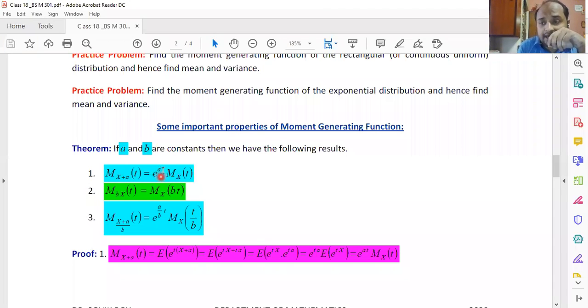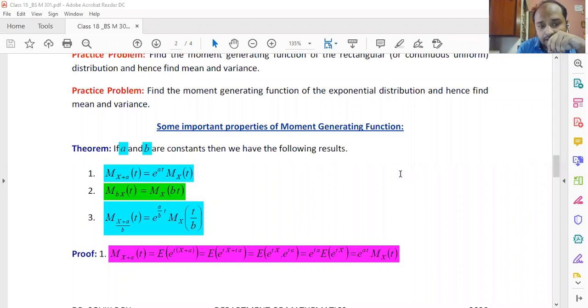e to the power at multiplied by the moment generating function of the original random variable. If I change the scale of the random variable x as bx, the moment generating function of this will be the moment generating function of x with respect to the new parameter bt.